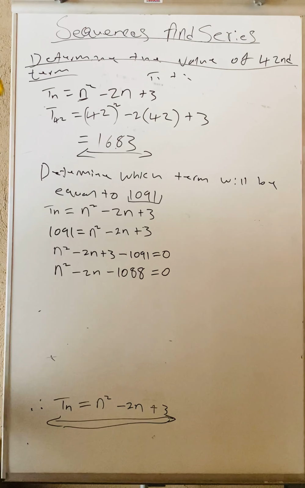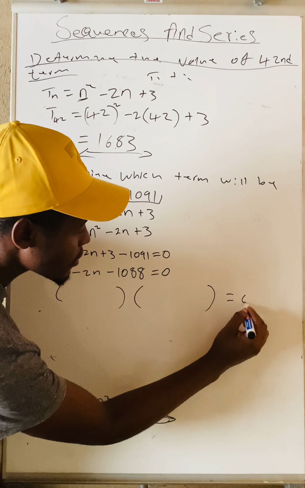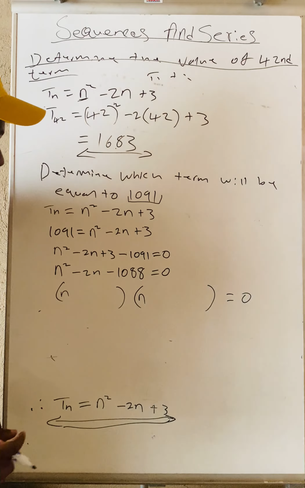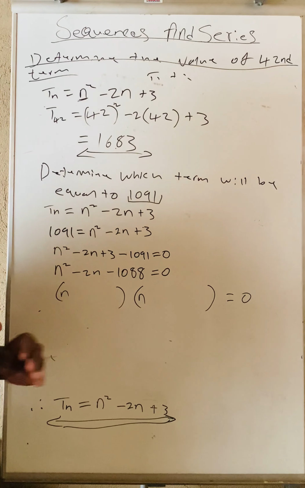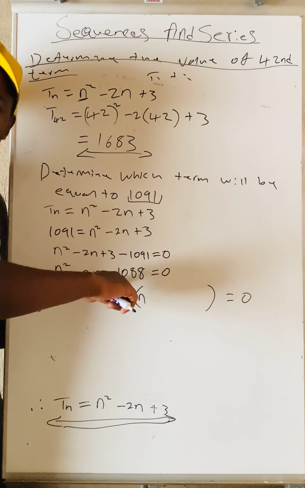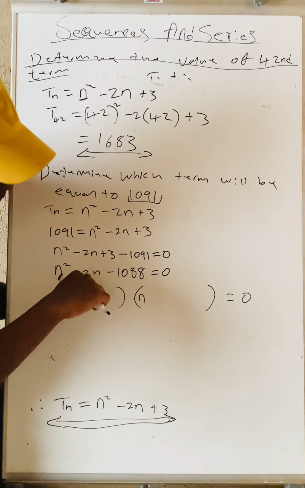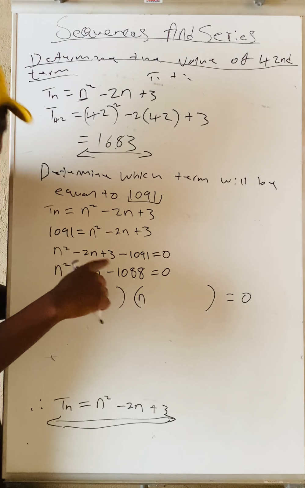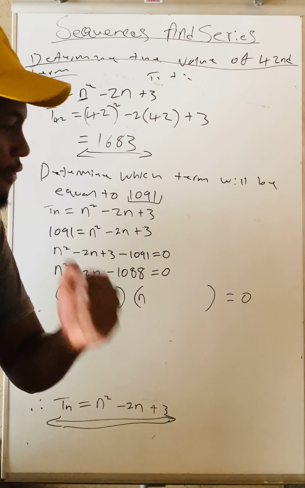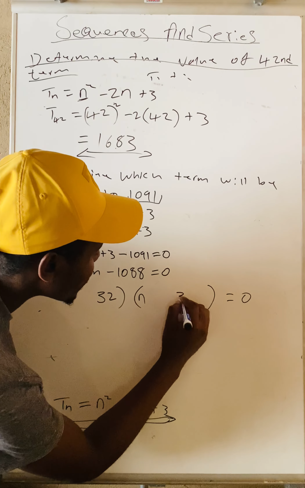From here, you remember when you factorize, you start to factorize here. We write something like the 2 brackets, right? Here is n, here is n, right? As you write this, you will need the factors. Which factors, when we multiply, they give you 1088. Then when you add them, they give you negative 2n. Those terms, you will find it is 32 and 34.